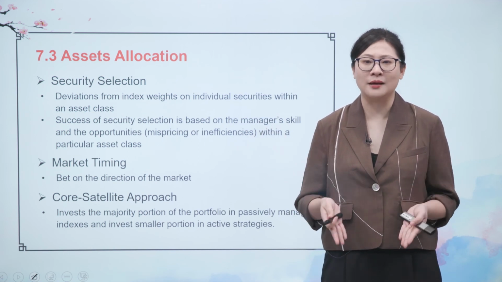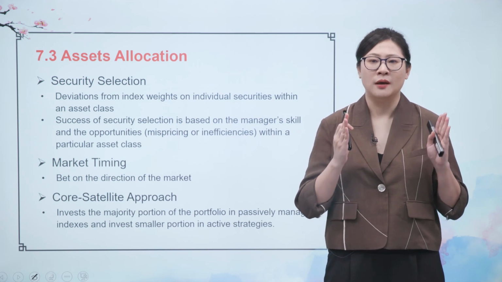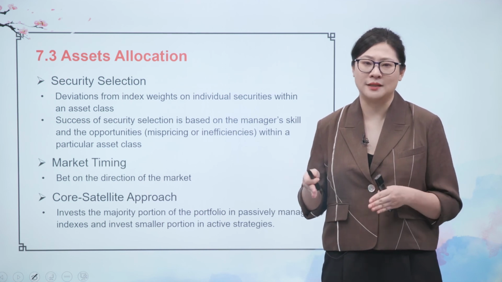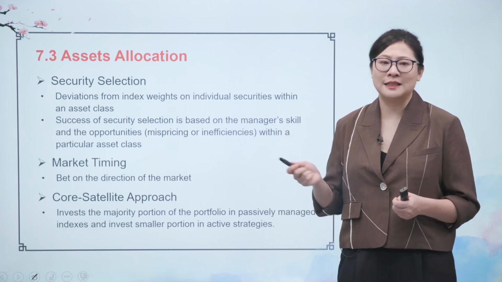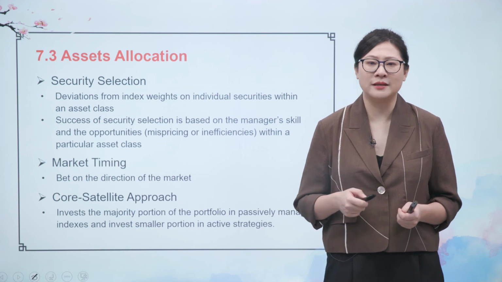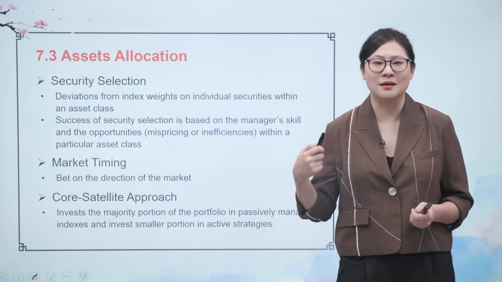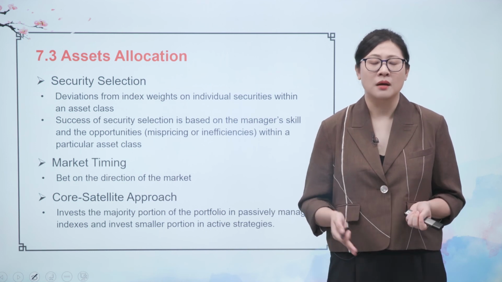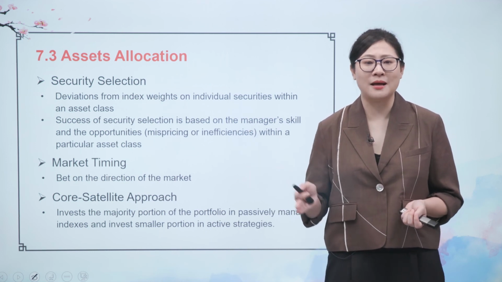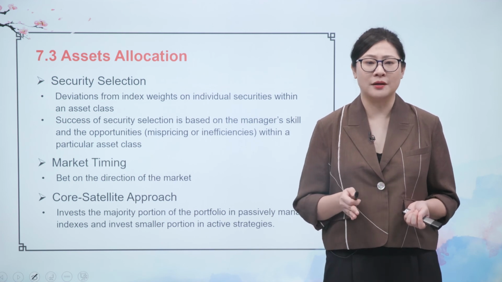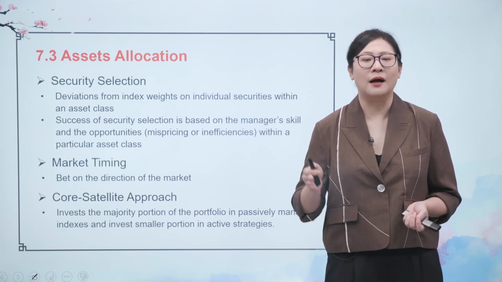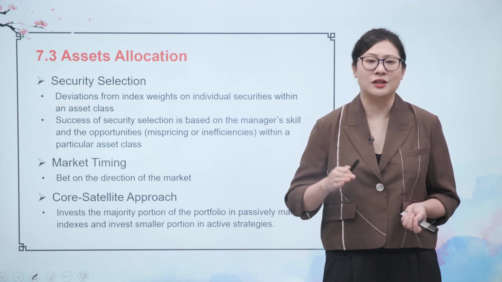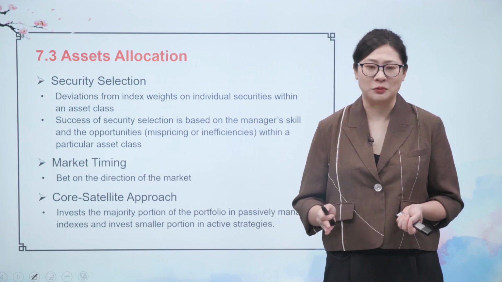So within an asset class, you can decide to overweight some stocks and underweight some stocks. And the success of security selection is based on the manager's skills and the opportunity within a particular asset class. Market timing is a bet on the direction of the market. It is like asset allocation and sector allocation rotation.